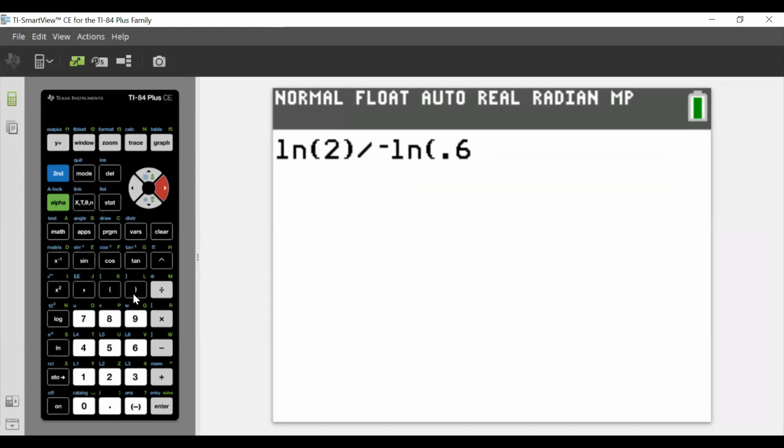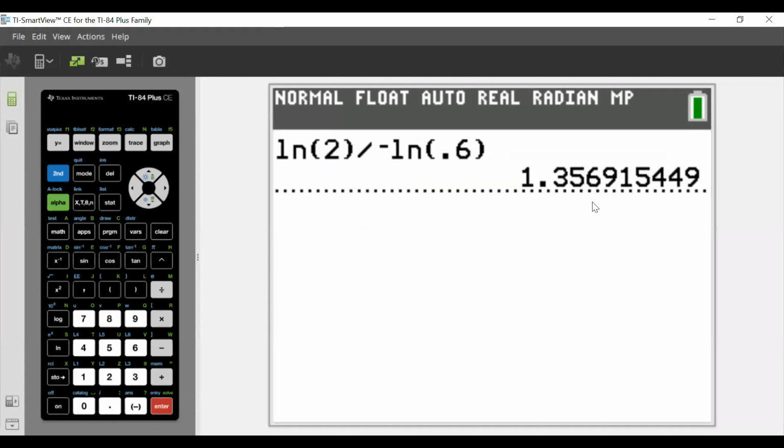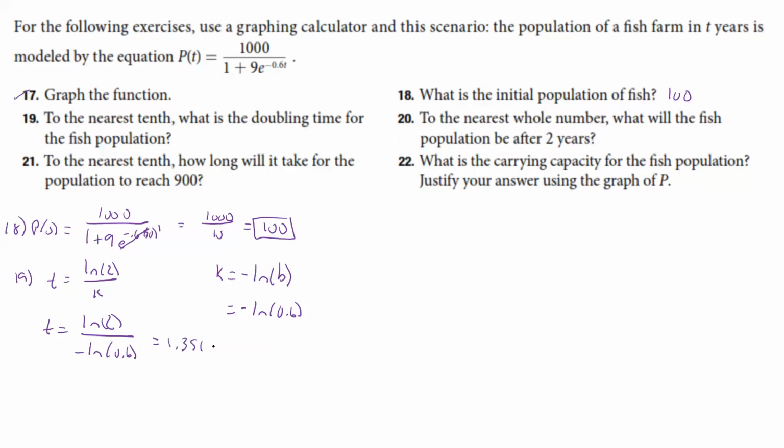Then we close the parenthesis, press enter, and we get 1.3569. So that's equal to 1.3569, which is approximately, to the nearest tenth, 1.4, and these are years. That would be our answer for number 19.